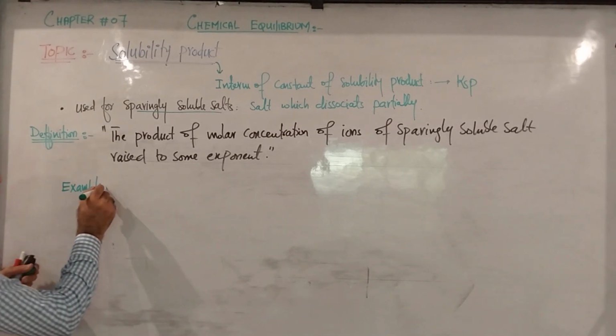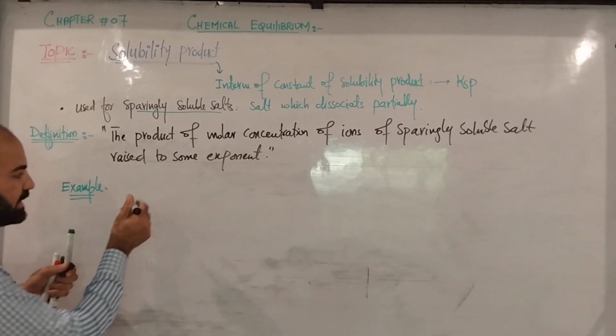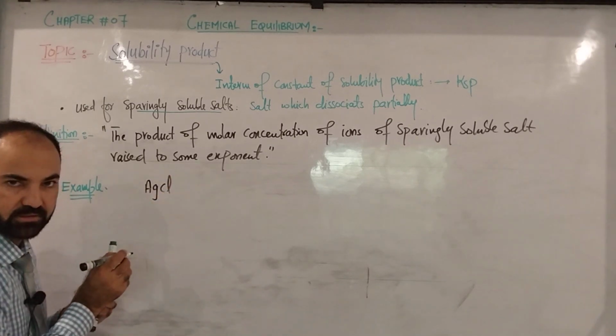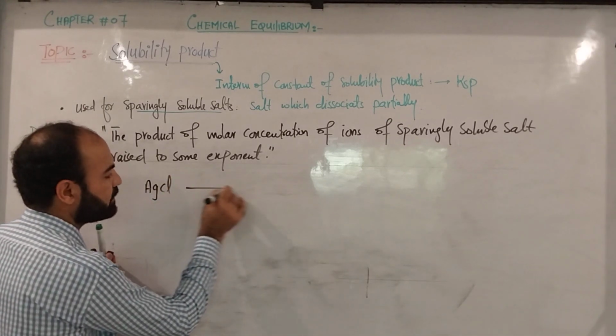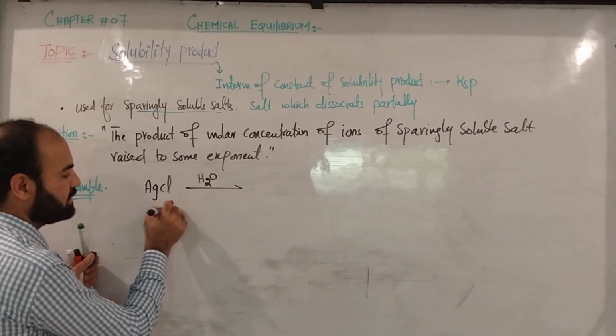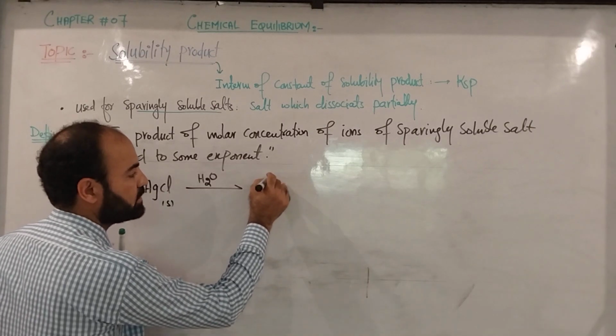For example, there is a sparingly soluble salt, silver chloride, and we dissolve that salt in water. This is in solid form. It is not going to dissolve 100%.